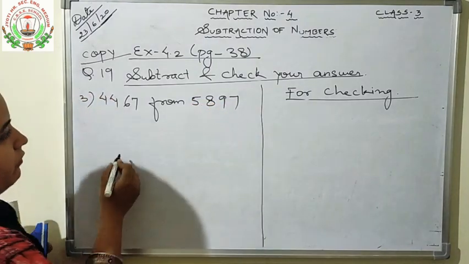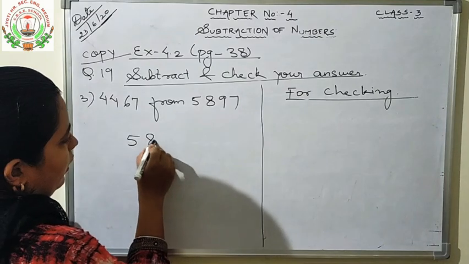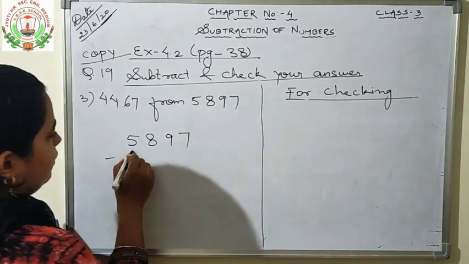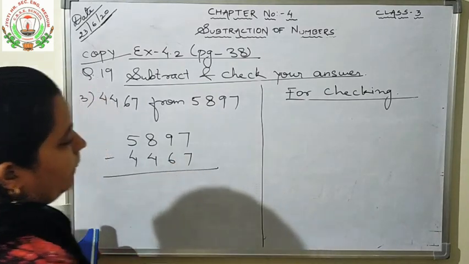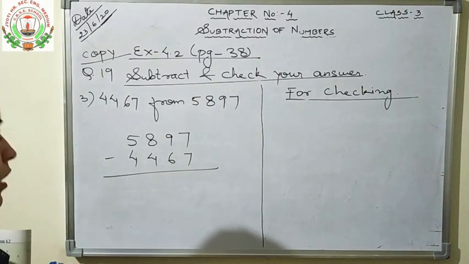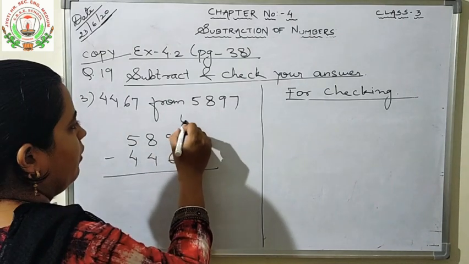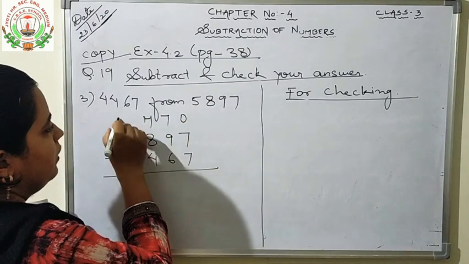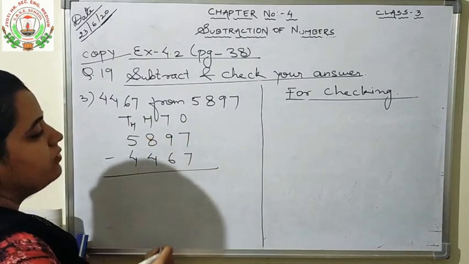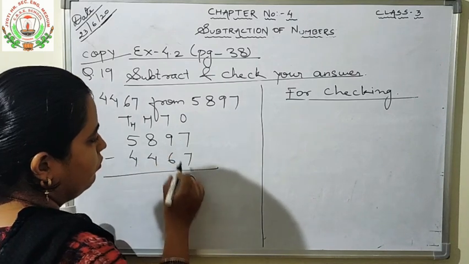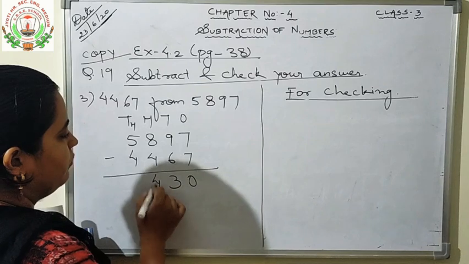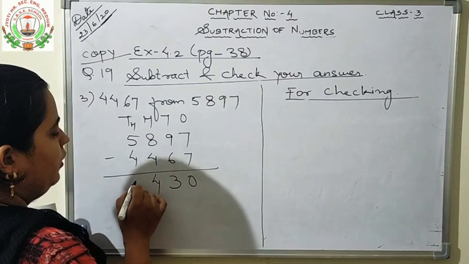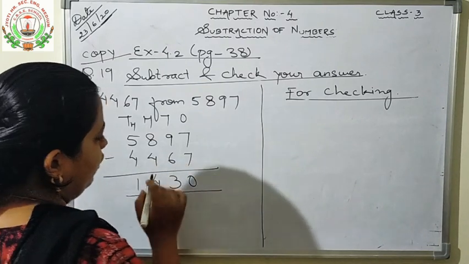Okay, so we will write the question here, 5897 minus 4467. First we will note down the question, then we will write the place values: ones, tens, 100, 1000. Then we will subtract. 7 minus 7 is 0, 9 minus 6 is 3, 8 minus 4 is 4, 5 minus 4 is 1.